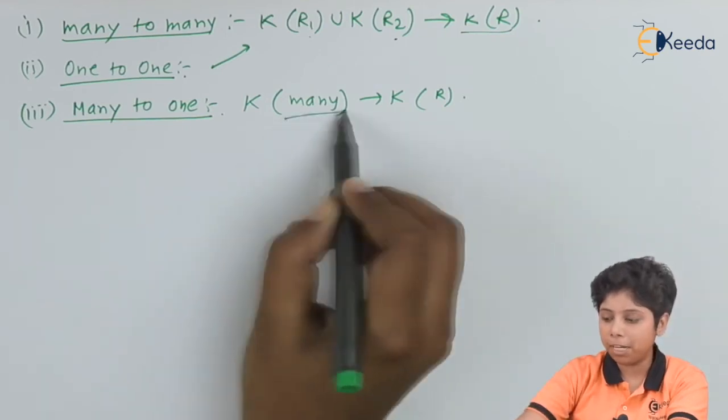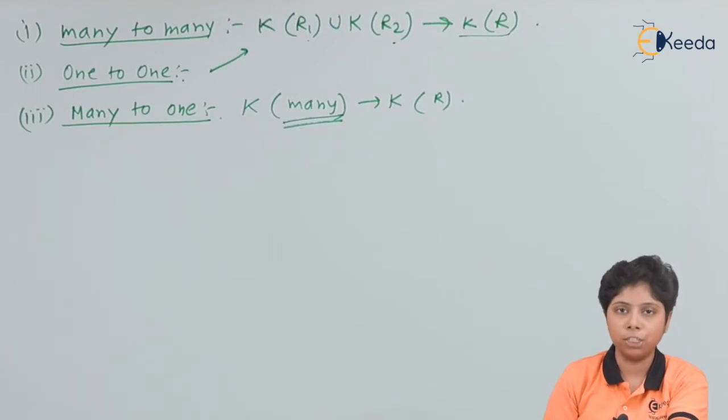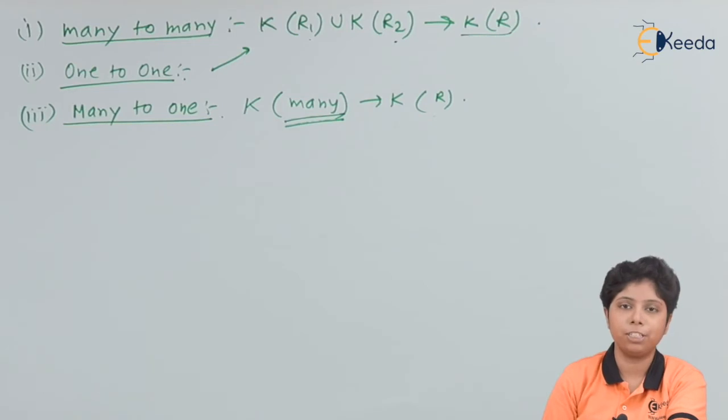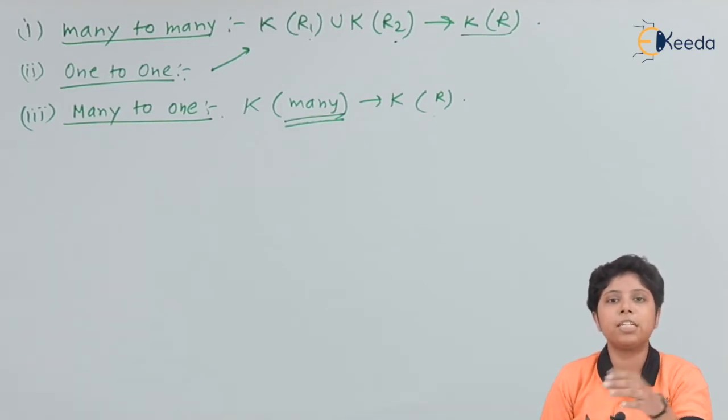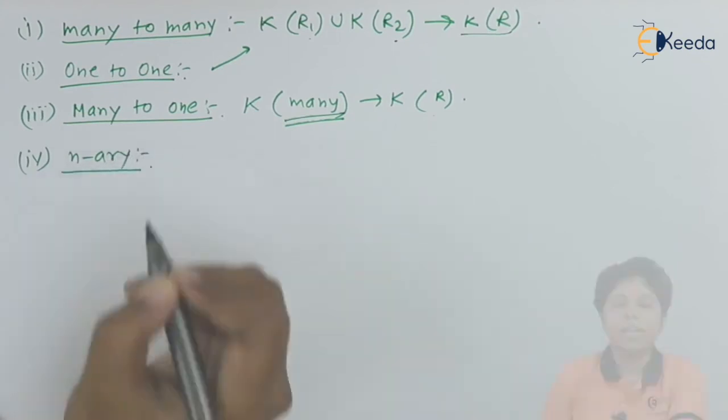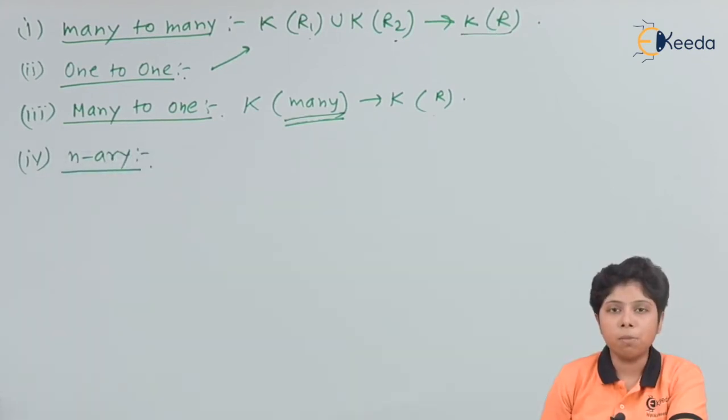So the many part, that is many to one, gives the primary key of the resultant relational schema. Now, if it is an n-ary relationship set, that means it is considering more than two entity sets, then the union of all participating entity sets' primary keys will be the primary key of the resultant schema.